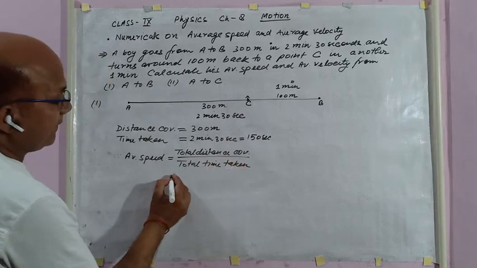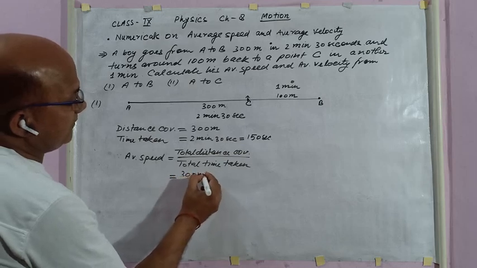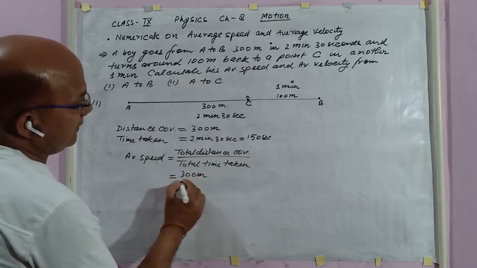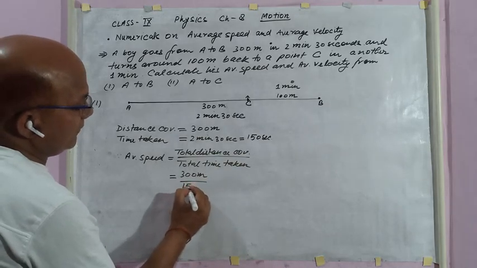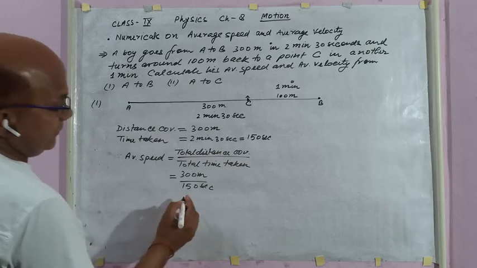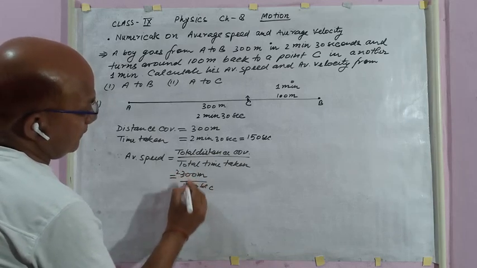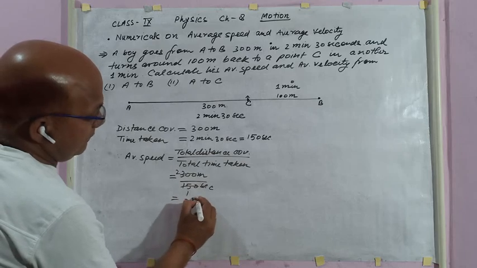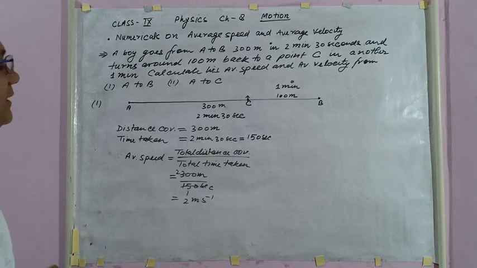Okay. So total distance covered is 300 meter from A to B and total time taken is 150 seconds. So this is 2 meter per second. So average speed from A to B is 2 meter per second.